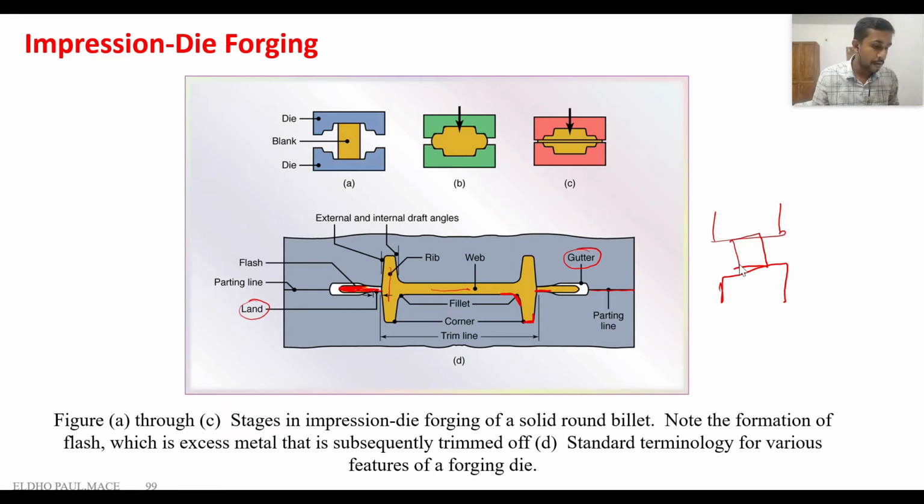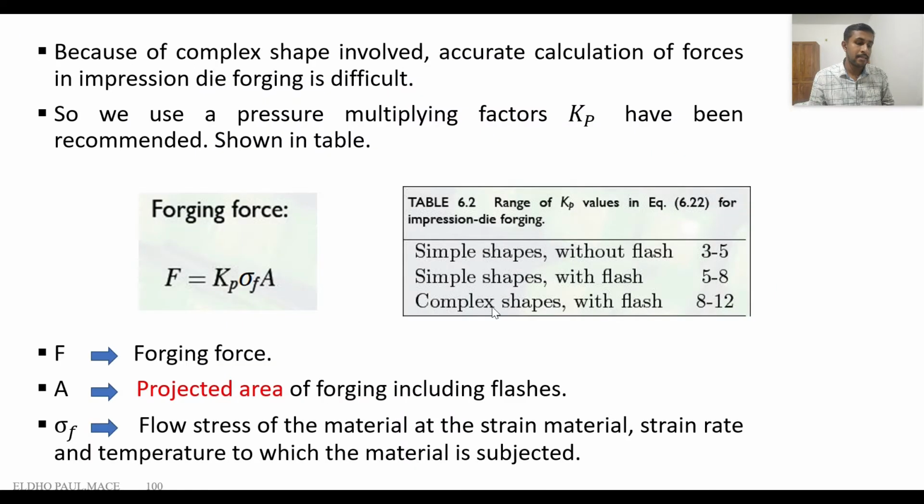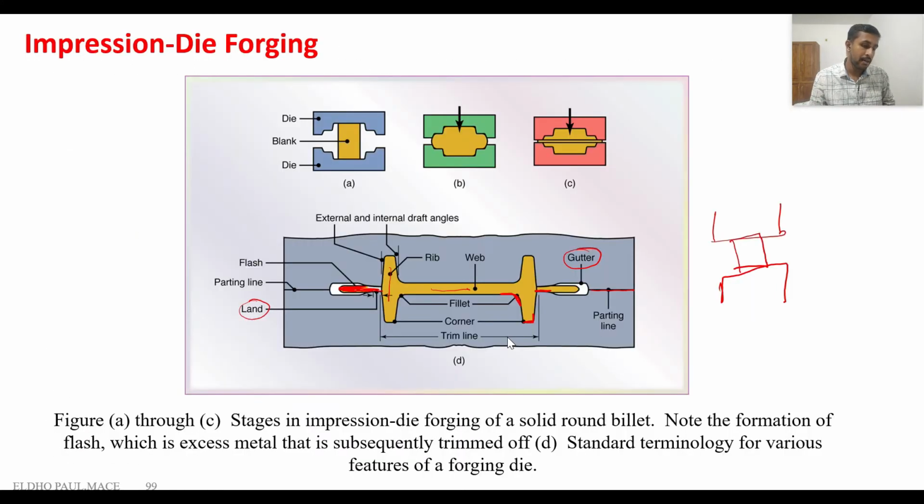But in case of closed die forging, the analysis is very difficult. What is the reason for that? In case of closed die forging, here the coefficient of friction will be a particular value, but here the coefficient of friction will be another value, and the deformation inside this cavity is different.